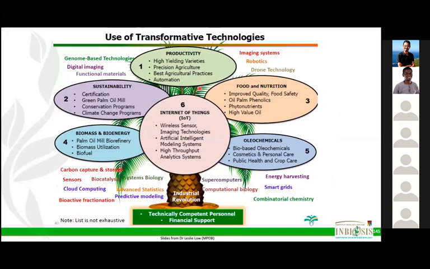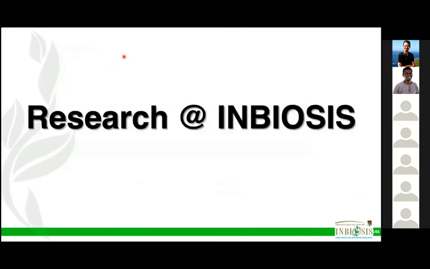This kind of transformative technology includes different fields from different areas, so it requires convergence of technology. Genome is just one of the technologies, so we have to think in this kind of context for precision agriculture, not just genomics alone.